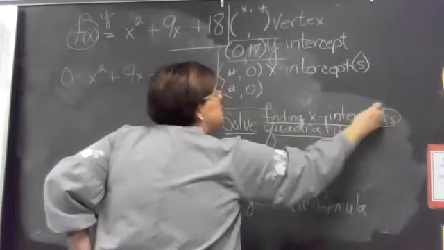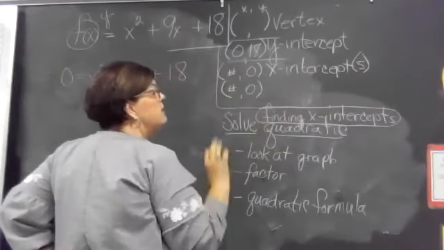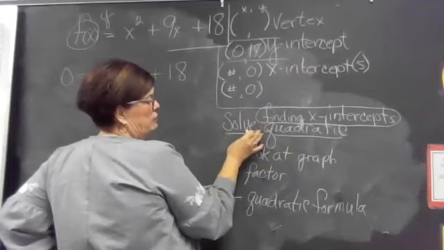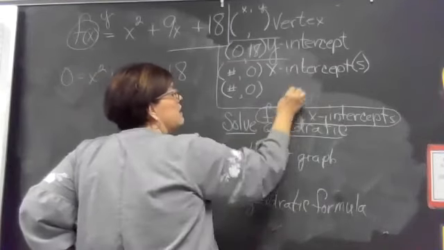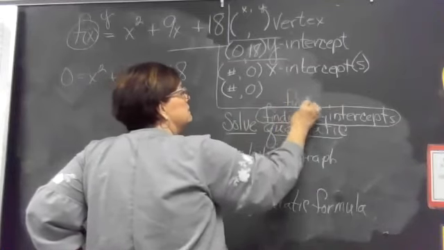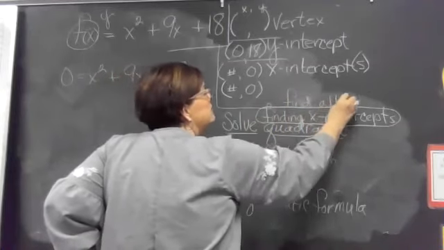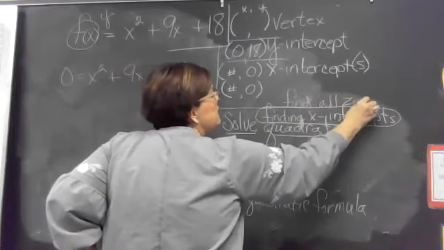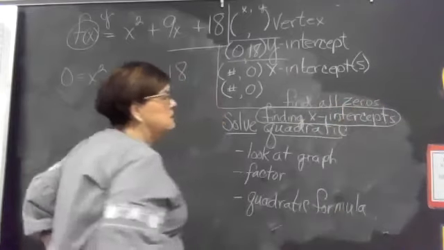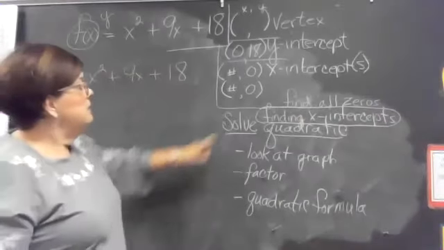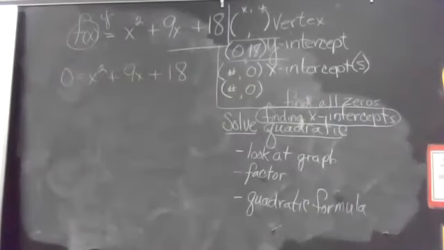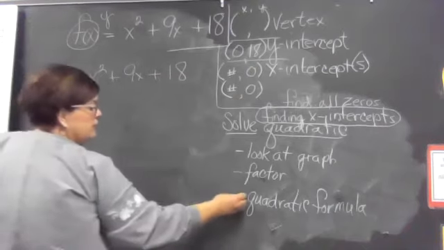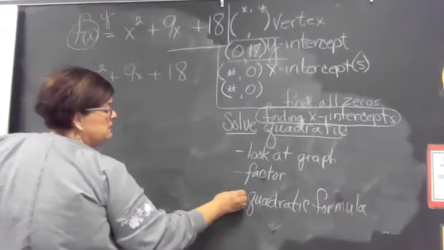But sometimes they won't say solve the quadratic. They won't even say find the x-intercepts. They will say find all the zeros. They call the x-intercepts zeros. And I think it's because the zeros are in, I guess. Okay. So I am going to teach you the quadratic formula, and that's going to be our main focus today.